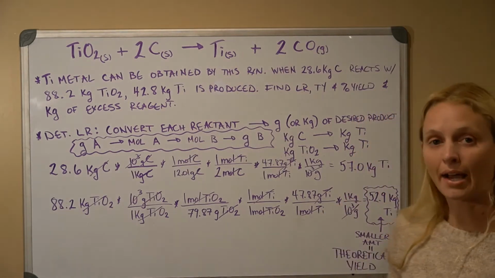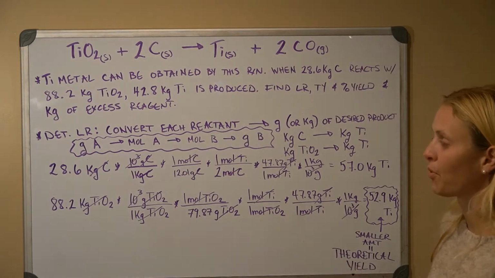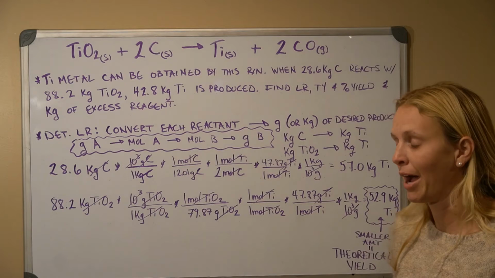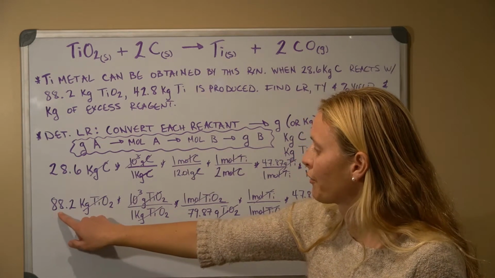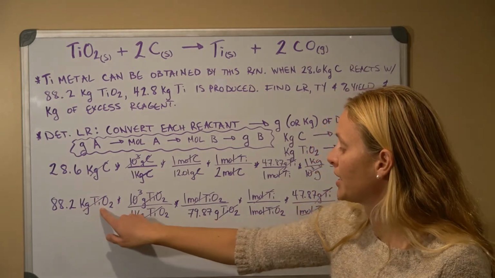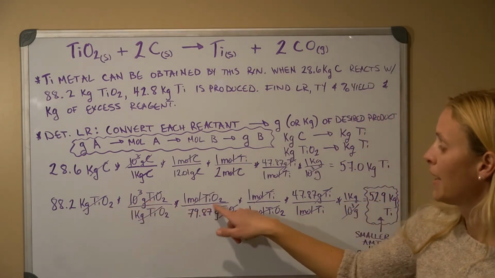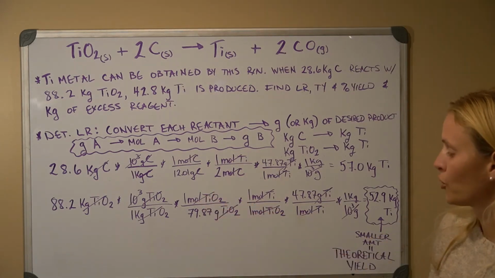I'm going to do the exact same calculation for the other reactant. We convert all reactants to desired product to see which substance gives the least amount, which is going to be limiting and run out. So, same calculation: 88.2 kilograms of titanium oxide. I go from kilograms to grams, then use the molar mass of titanium oxide to get to moles.